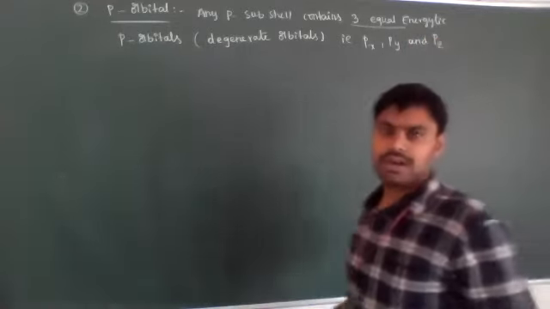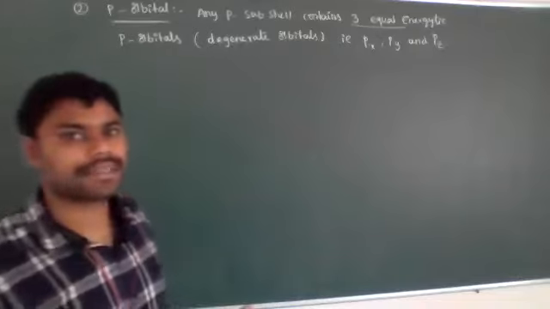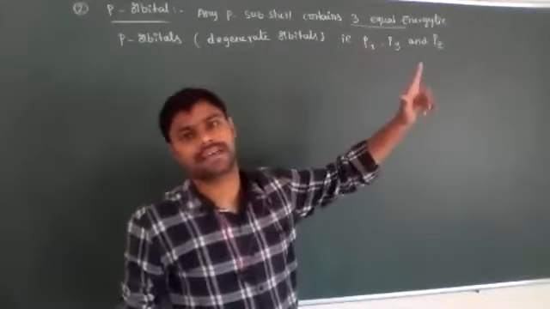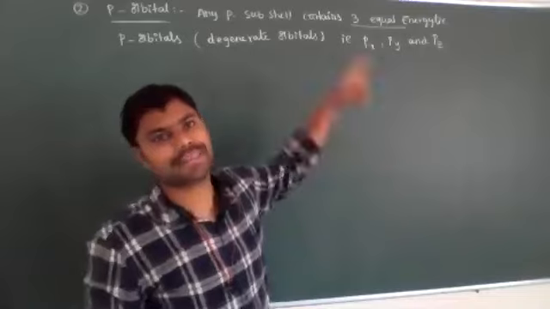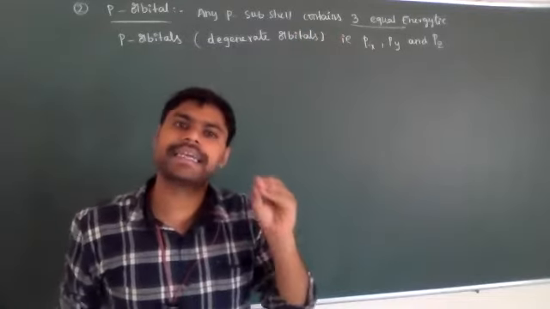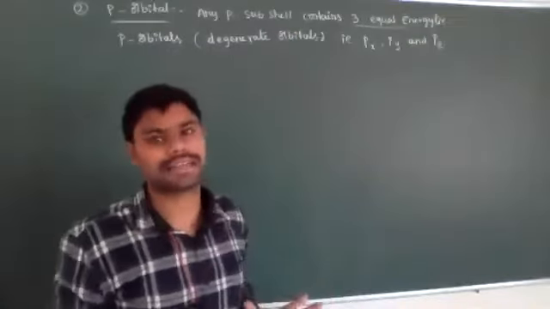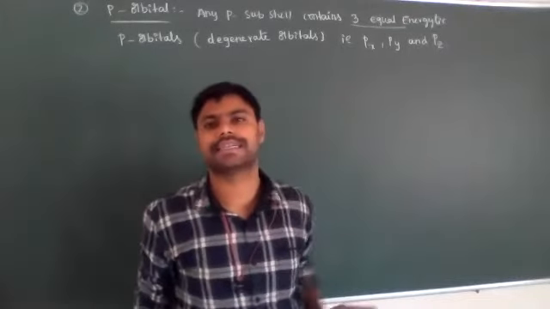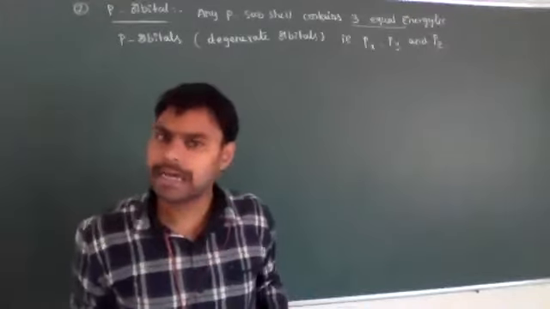These p orbitals are present in the p subshell. Any p subshell contains three equal energetic p orbitals, that is Px, Py and Pz.